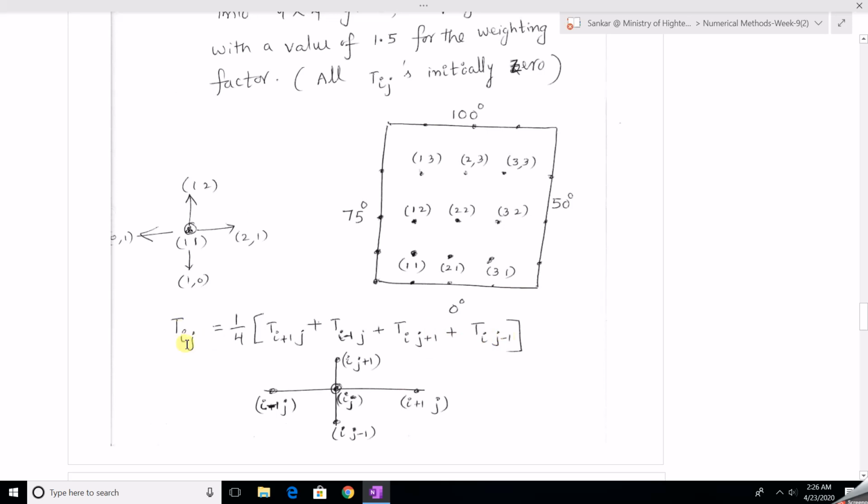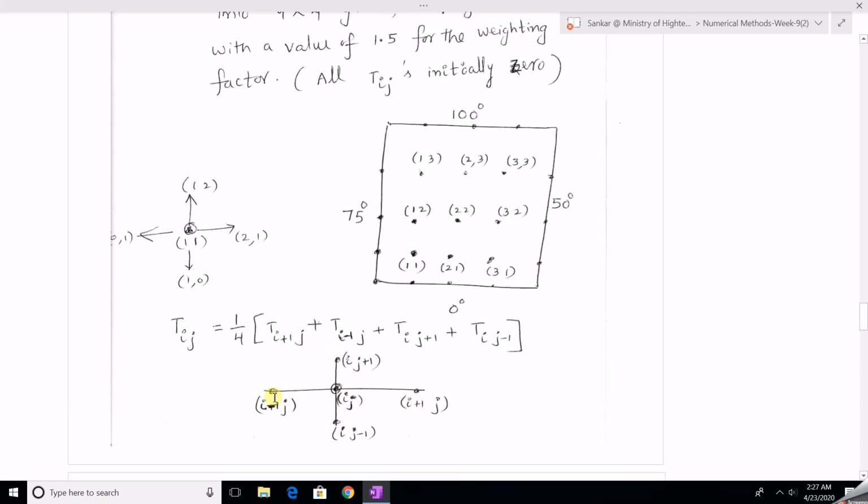So at any point Tij, the temperature at any point i,j, the same I have written here. If we want the temperature at i,j, we take i+1,j, the next point along the x-axis, next Ti-1,j, the temperature at the previous point along the x-axis, next Ti,j+1, the temperature at the point above along the y-axis, and Ti,j-1, the temperature at the point below along the y-axis.